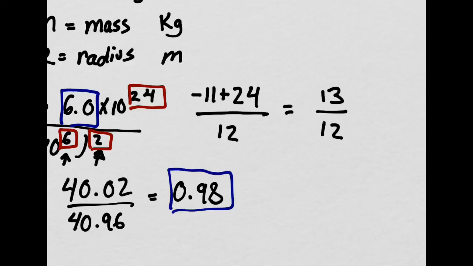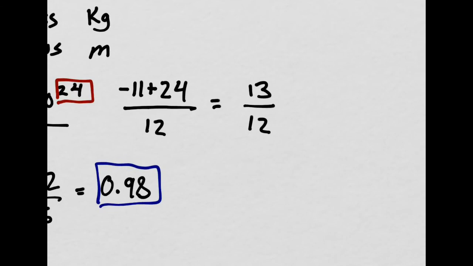When you have a division of exponents, it's the opposite of having a multiplication of exponents. So when we multiplied our exponents, we added the exponents together, and now we have a division of things with exponents, we subtract them. So 13 minus 12 just leads us to our exponent of 1.